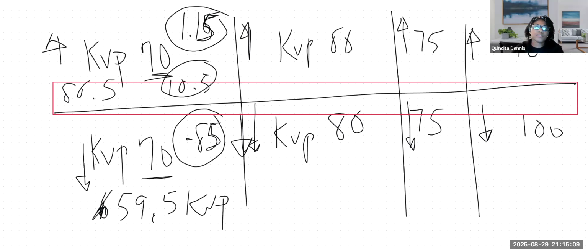All right, the numbers that you should have, have we gotten all the way to the end yet? Oh, making me talk to myself.